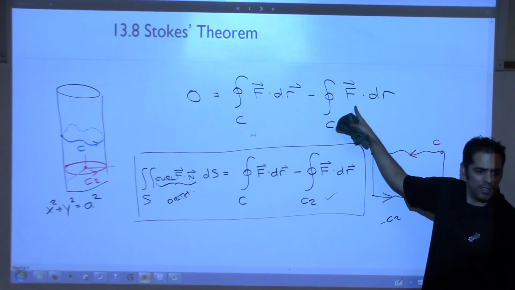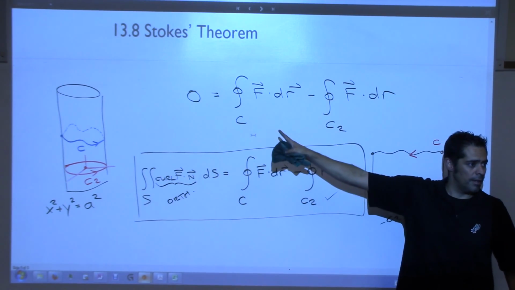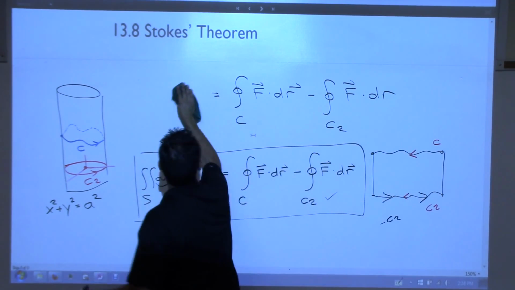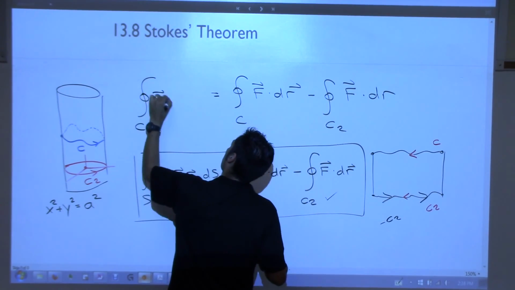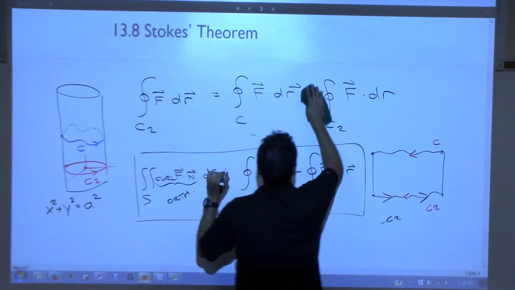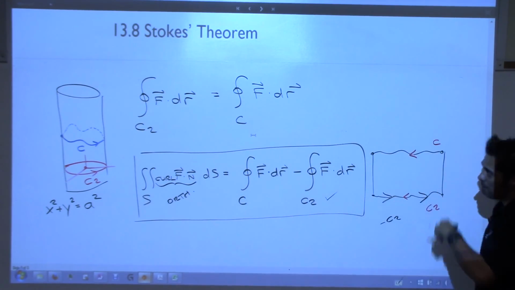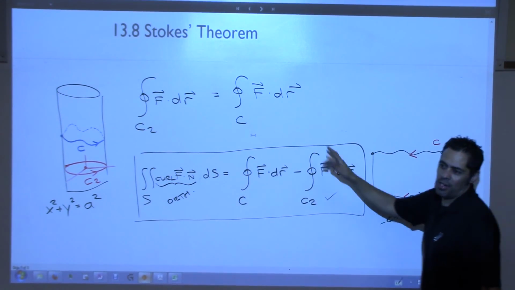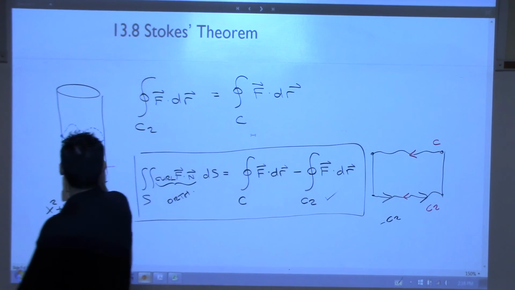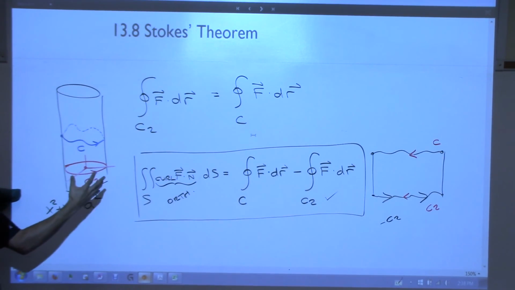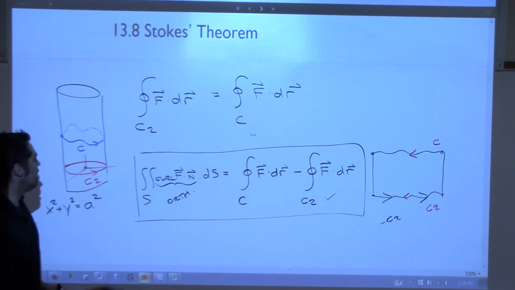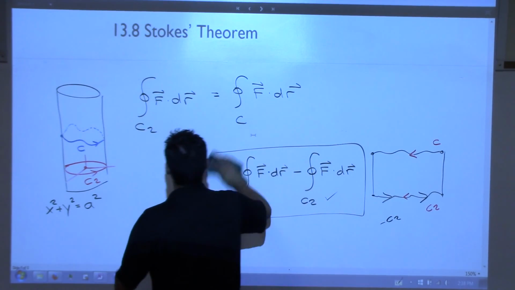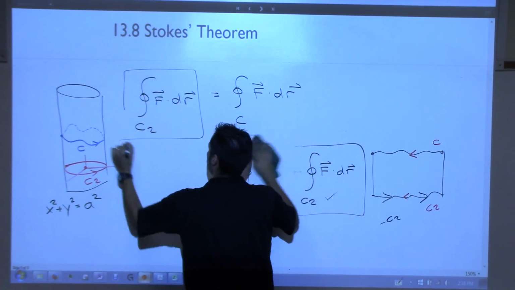So just move this one to the other side, and what you have is that the work around this curve in this particular vector field is equivalent to the work around this curve. And so now what you would do, because I only have 1 minute, I can't do it, is you would set up this one, because this one we can do, right?